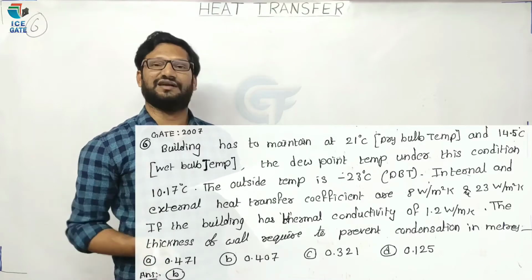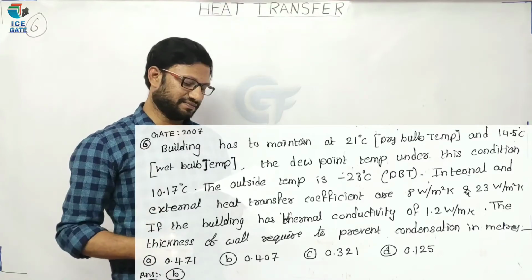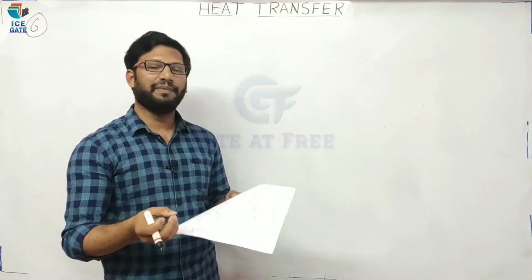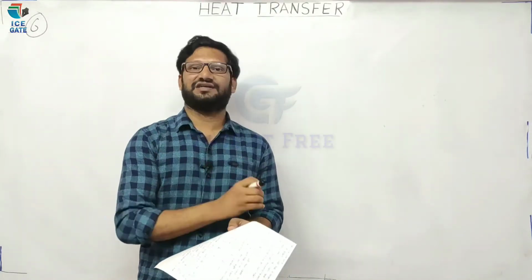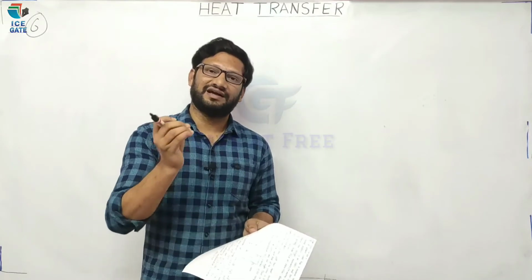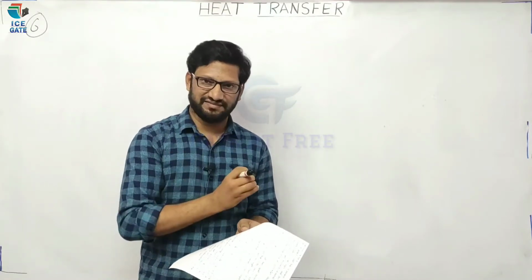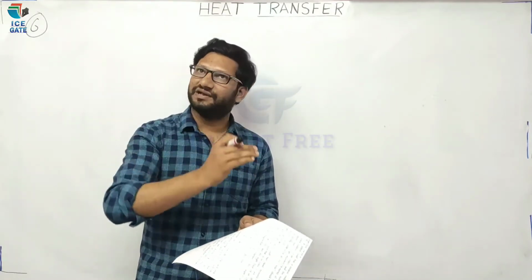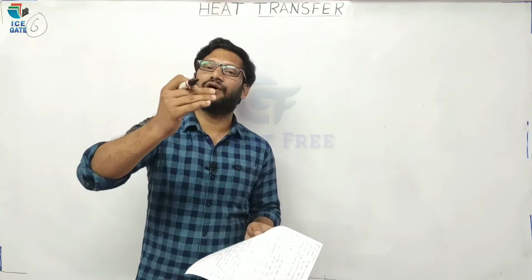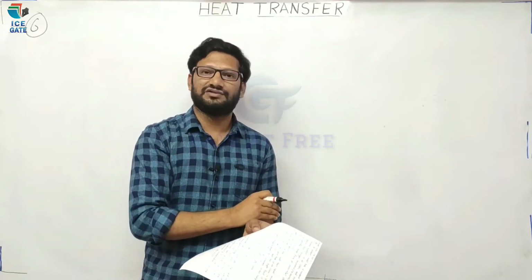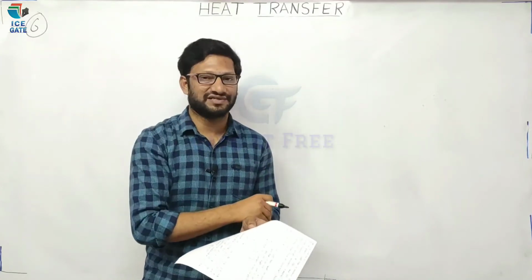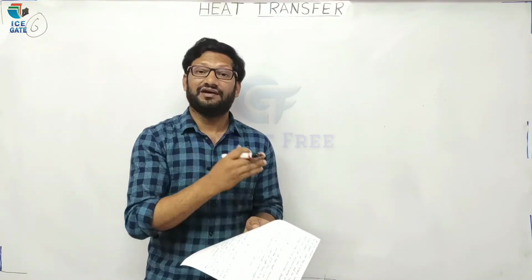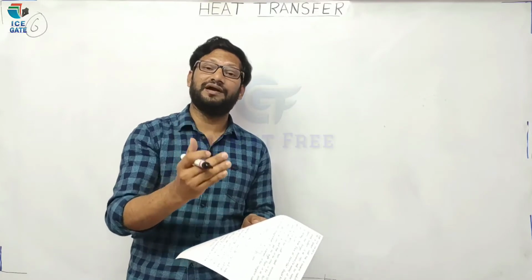Find the thickness of wall required to prevent condensation, in meters. See, first of all, what is meant by dew point temperature? It is the temperature where condensation begins. If the wall temperature is less than 10.17, slowly water droplets will be formed on the surface of the wall.